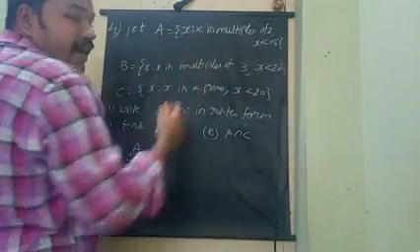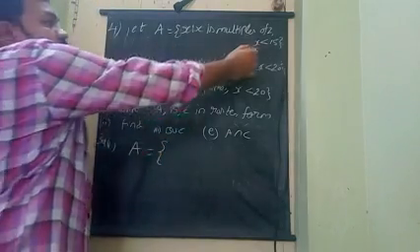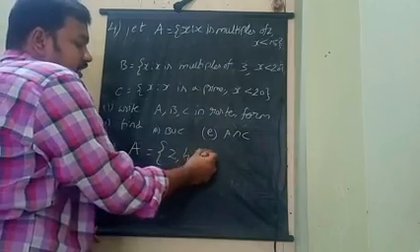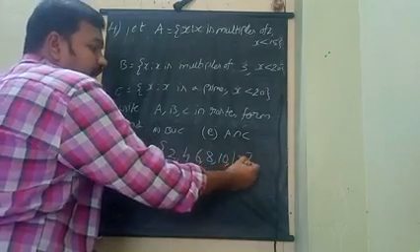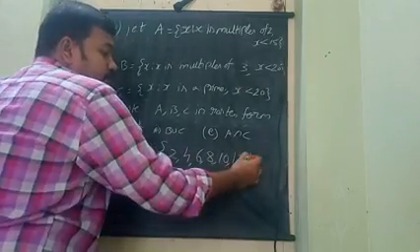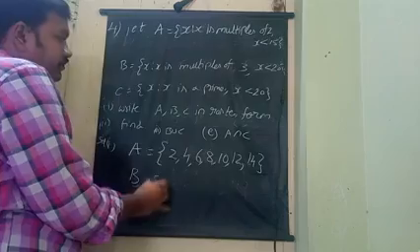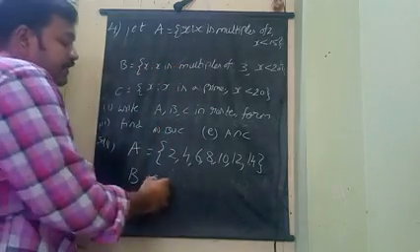See here, A means the 2 table, up to where we had written, the 2 table below 15. So 2, 4, 6, 8, 10, 12, 14. We should not write 15. B is equal to x such that x is multiples of 3 below 20. Below 20, the 3 table.